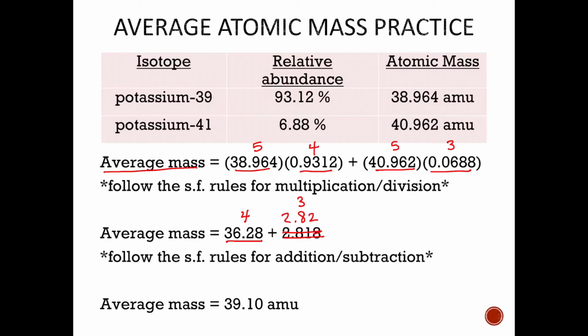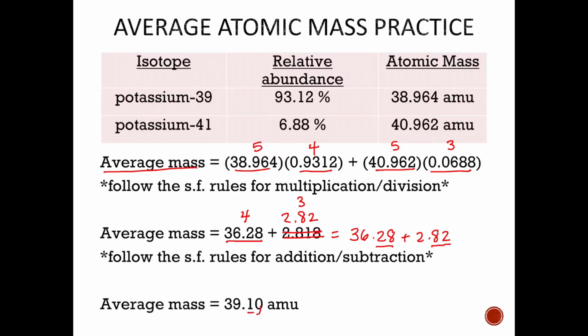After you get these numbers, I'll write this cleaner: 36.28 plus 2.82. Then you'll follow the sig fig rules for addition and subtraction, which count numbers past the decimal point. This has 2 numbers past the decimal point, and this has 2 numbers past the decimal point.